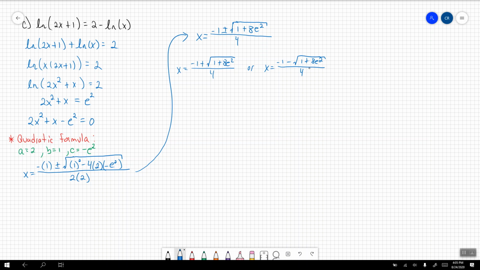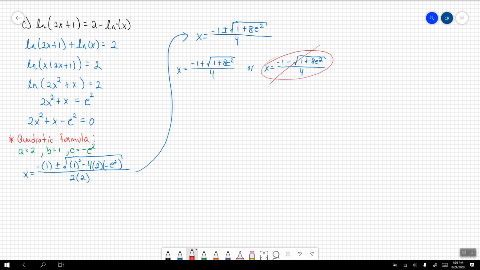Negative numerator divided by a positive denominator will get us a negative value at all times. There's an issue with that. The domain of a natural log of x must always be positive. It must always be greater than 0. So for us, this second answer that we wrote down is not going to suffice because it's going to get us a negative value.